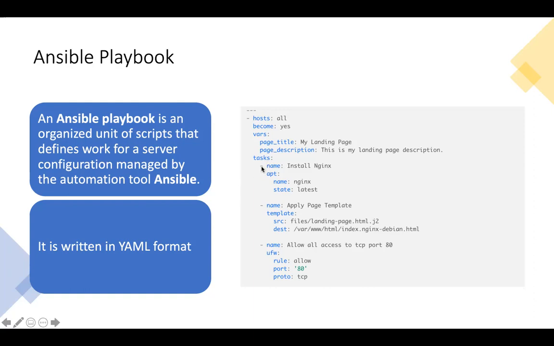These are lists, and you see here it says tasks with an S. So it's saying that this one is one of the tasks, starting from this name to here, and this is another one. Once you see all those dashes, it just means they are lists, so you can have multiple items. Same thing, this hosts says all here. You can have another dash that will say hosts again, then it will have another name. So you can have them like that.